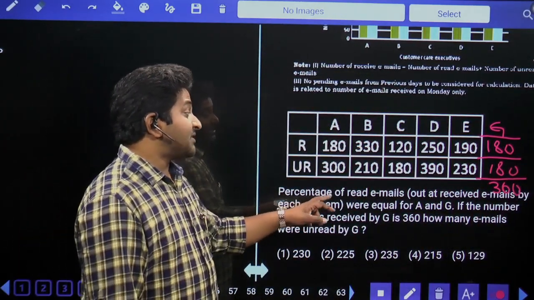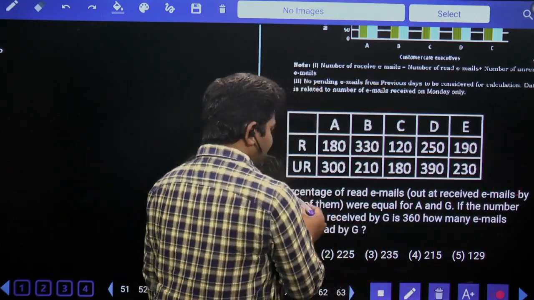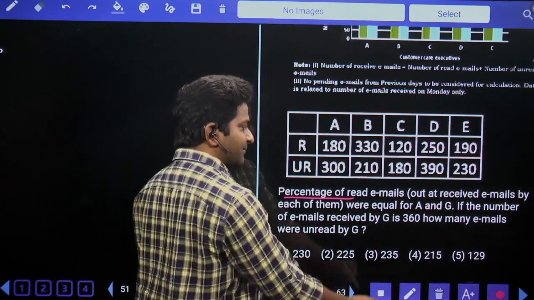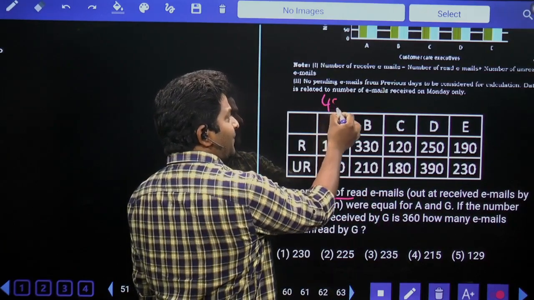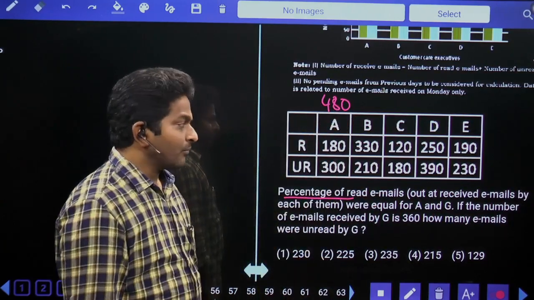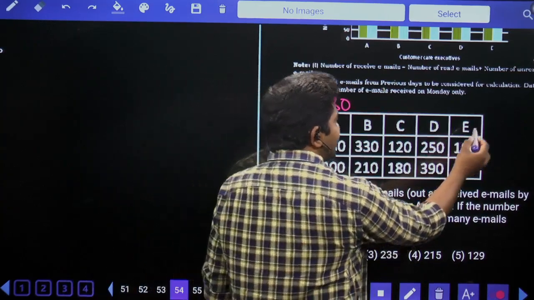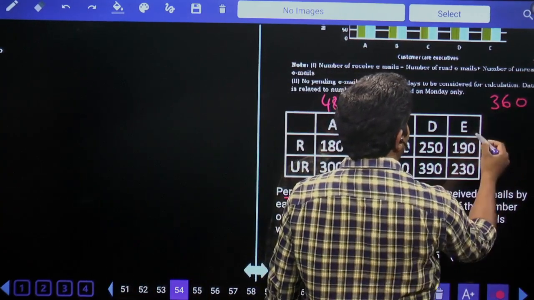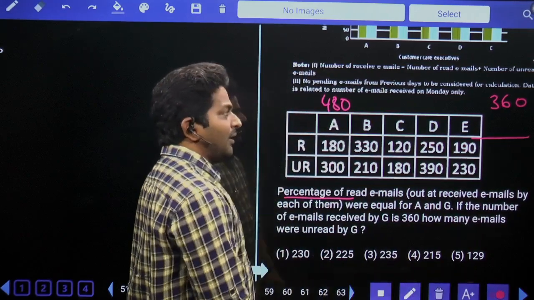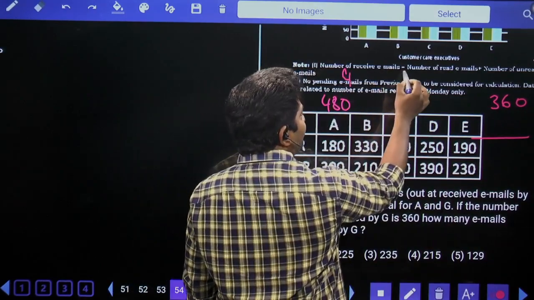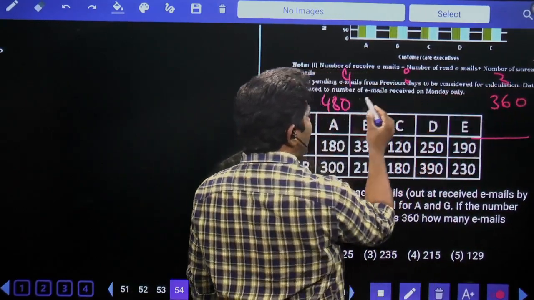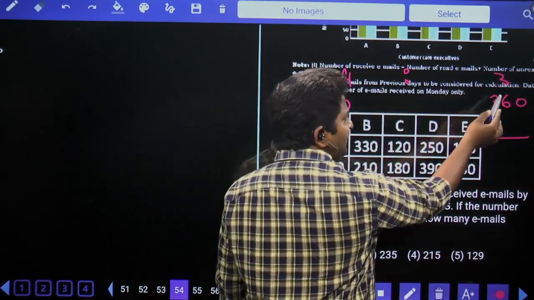They are saying percentage of emails out of received emails. Total A is having 480 and G is having 360. Now both are in the ratio 4:3, 120 and 90.